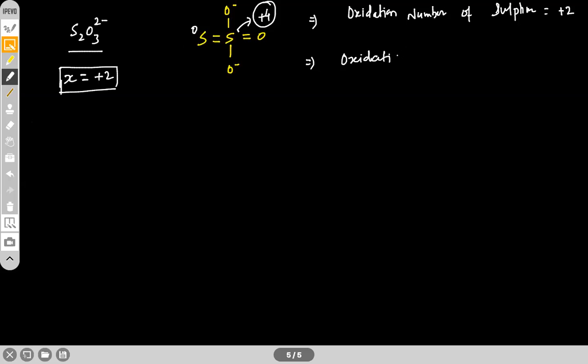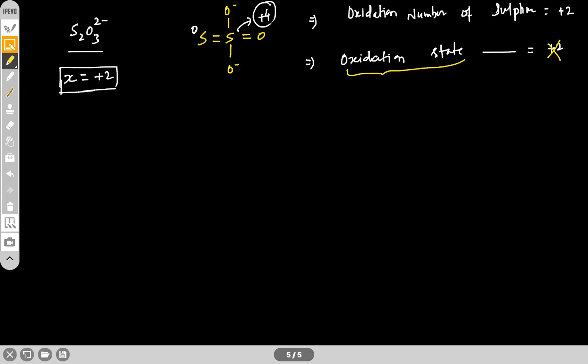If I write oxidation state of sulfur, you cannot write plus 2 here. Why? Because oxidation state refers to the charge per atom. There are two atoms here.